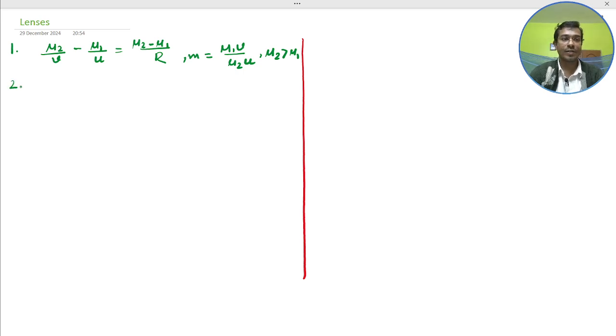And next one, the lens maker's formula and the lens formula. This is very important.